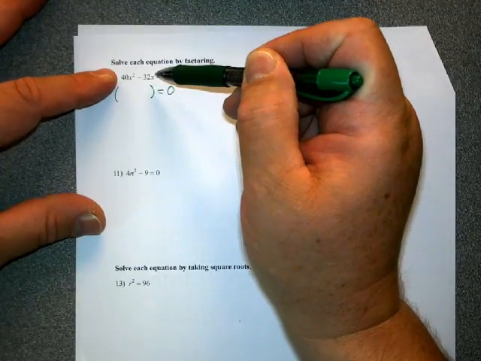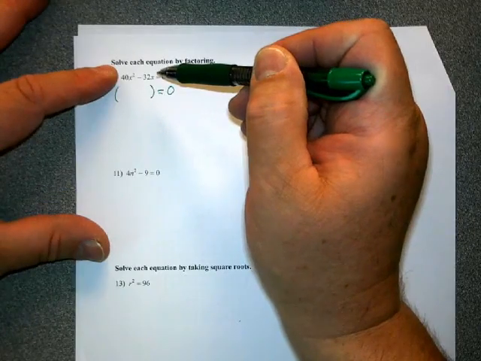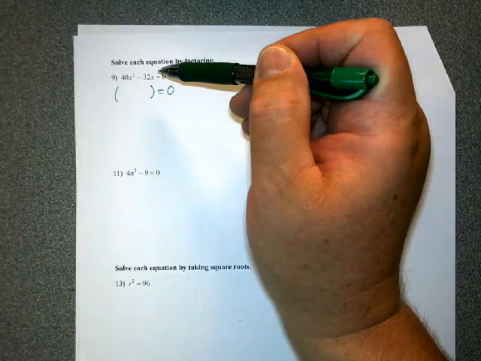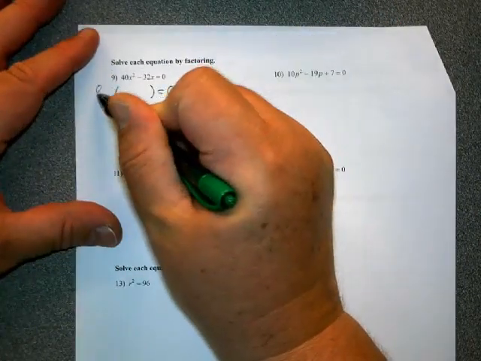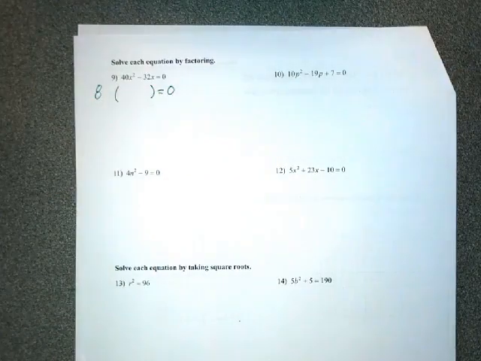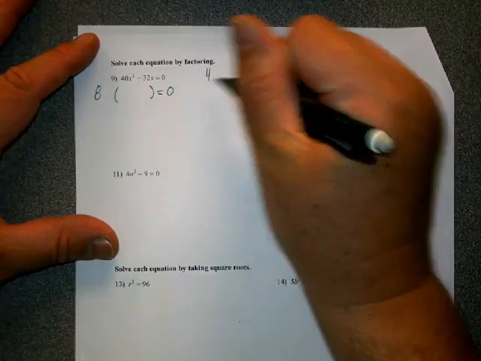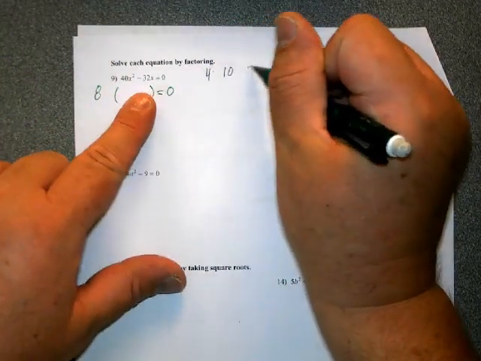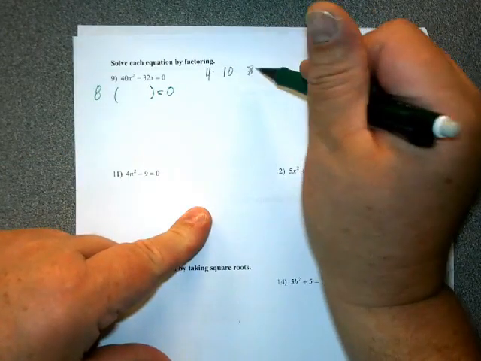What's the largest factor of both 40 and 32? 4 is a factor of both. 8 is the largest one, right? If you did 4, you would end up with 10 and 8, so you have another 2 in there that you could do.